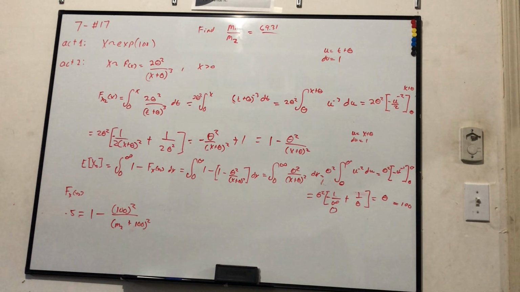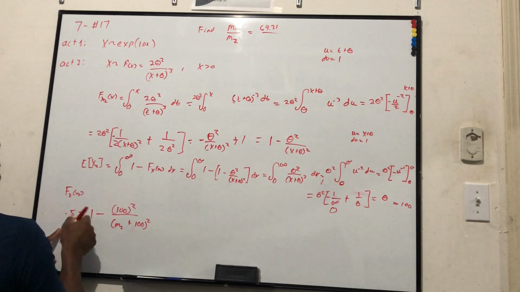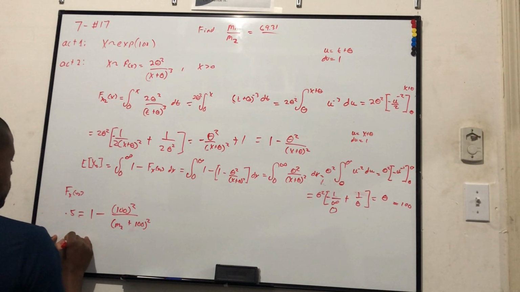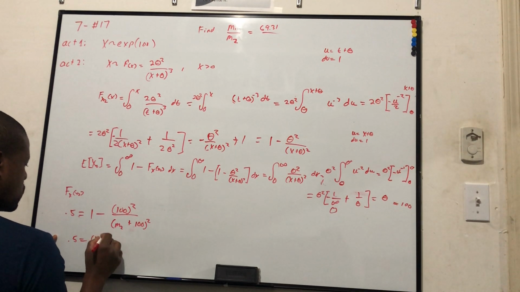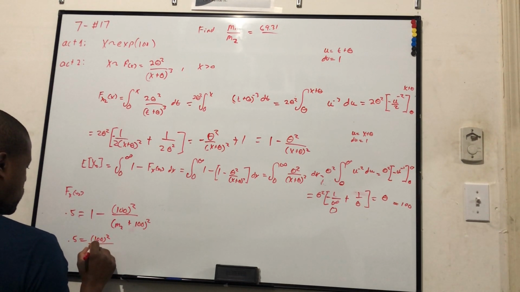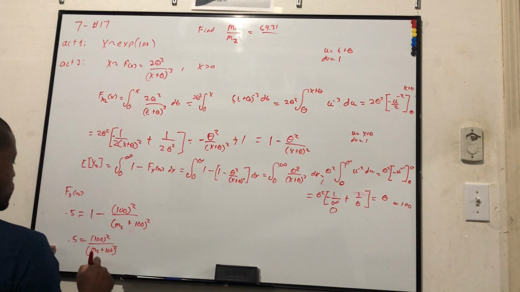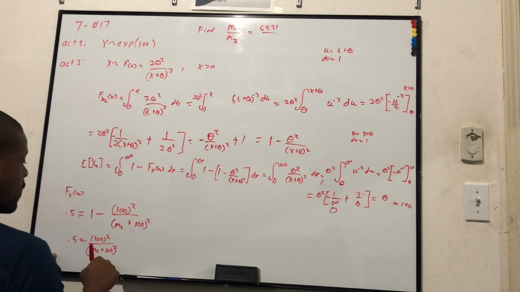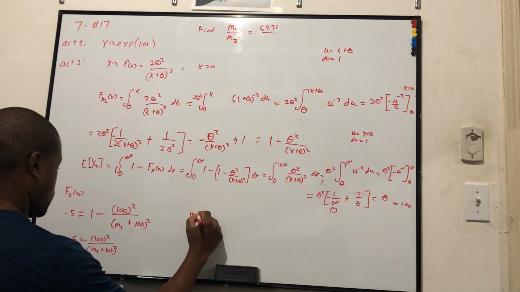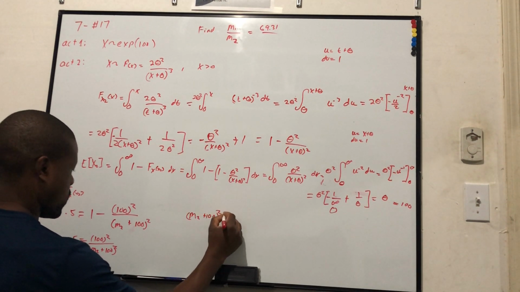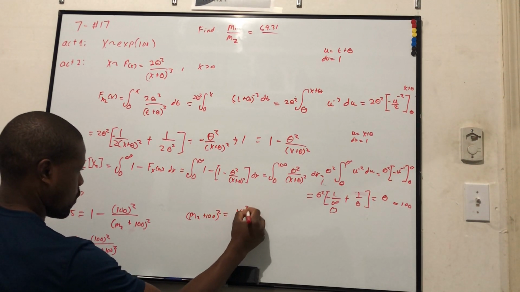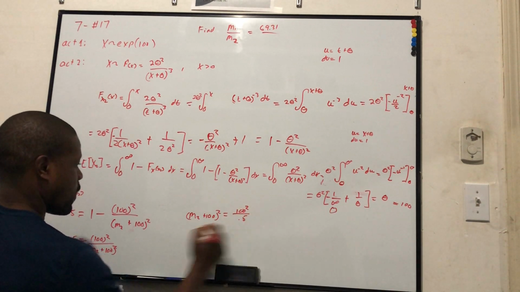I don't know, we'll see if I can do it on the fly. It'll just be negative, so it'll just be 0.5 is equal to 1 squared over the median 2 plus 100 squared. Then I'm just going to multiply that here, divide that there. So let's go ahead and say the median of X2 plus 100 squared is equal to 100 squared divided by 0.5.